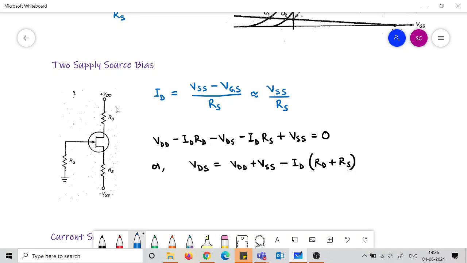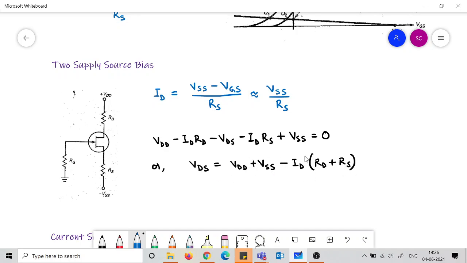And again from the output equation you can calculate that VDS would be VDD plus VSS minus ID times RD plus RS. So this is the total source potential in this loop, VDD plus VSS, and you have the drops ID RD and ID RS, which have to be subtracted from it.